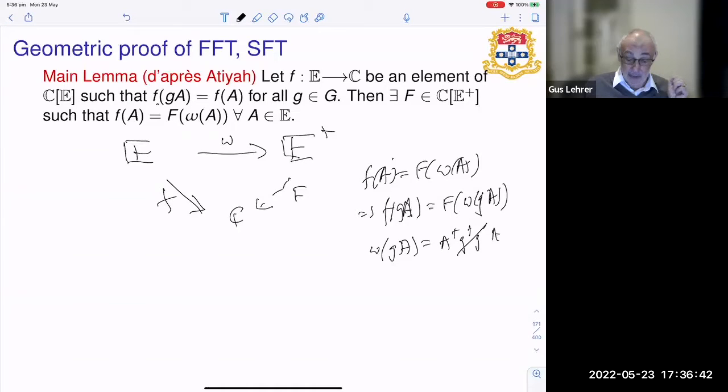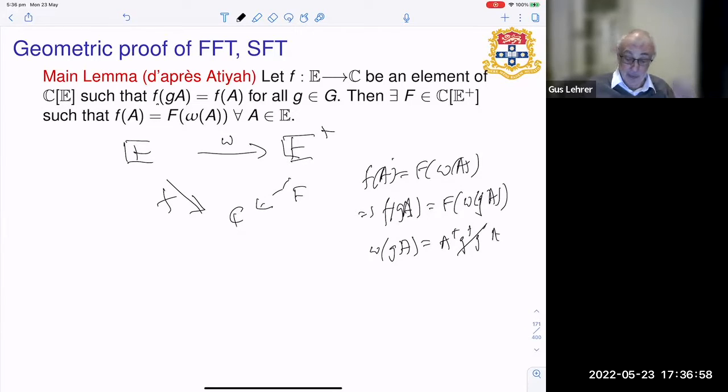Now, what this comes down to, this is actually an algebraic geometric statement which says that you can basically extend certain functions to the boundary.